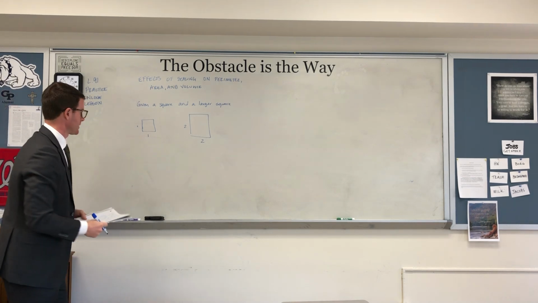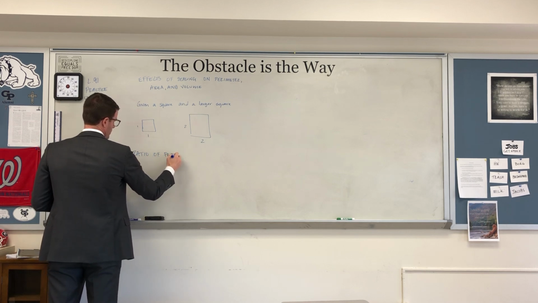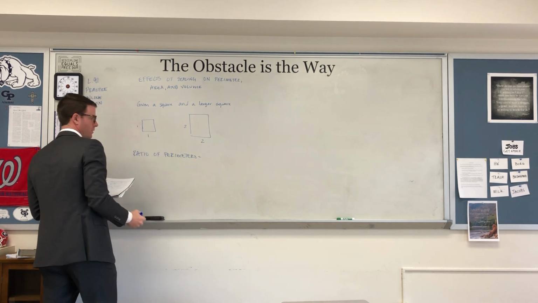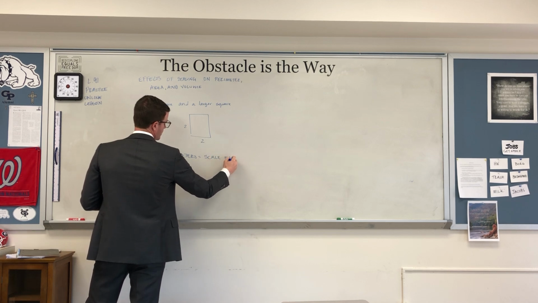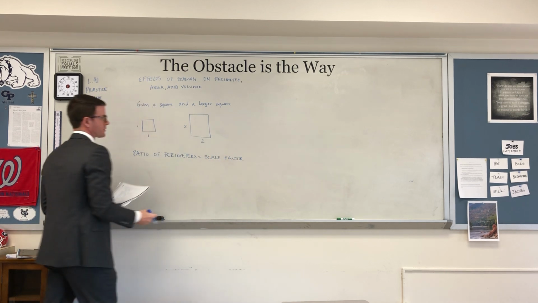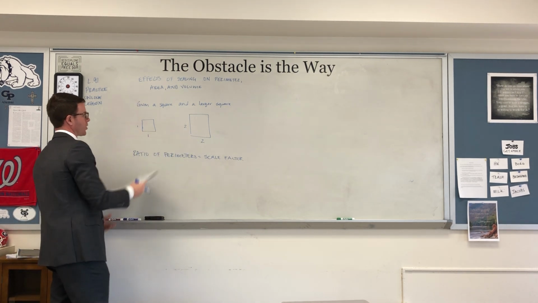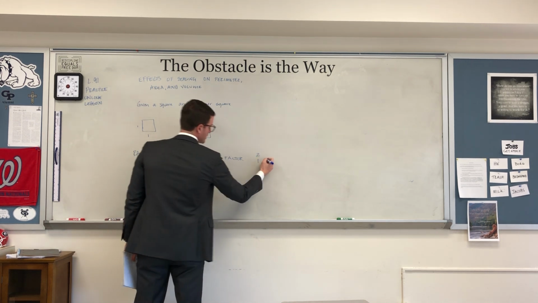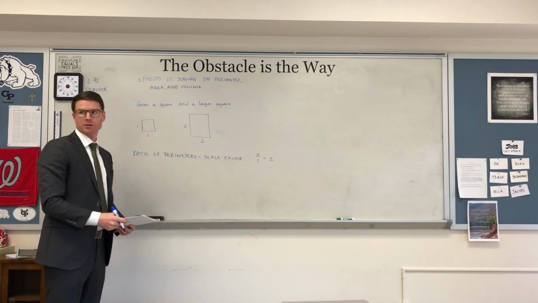Then we know that the ratio of perimeters is equal to the scale factor. So the ratio of the larger perimeter to the smaller perimeter is 2 to 1, which equals the scale factor of 2. To get from 1 to 2, we multiply by 2.